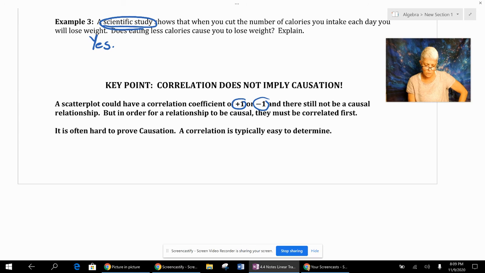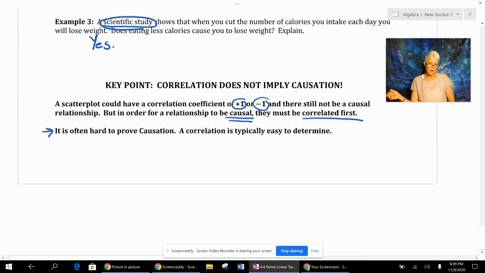In order for there to be a causal relationship, there has to be a correlation. So if you have a scatter plot with dots all over the place and there's no real correlation between the two, there's no way you're going to find that there's a causation. Correlation must precede causation.